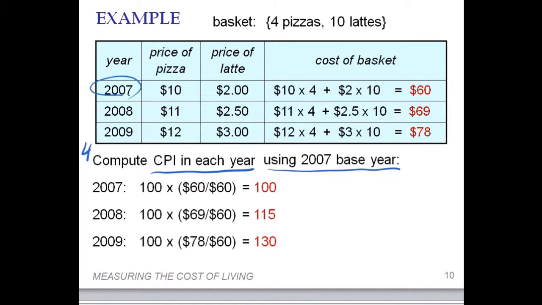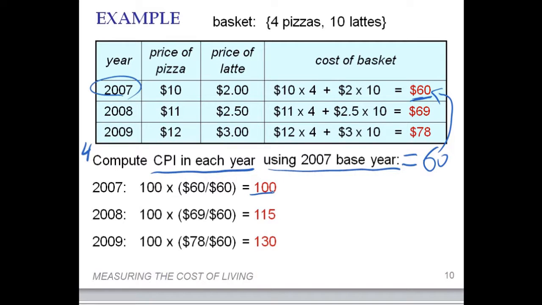So to find the CPI for the year 2007, we will apply the formula. So it will be the cost of the basket of the year 2007, which is here 60, divided by the cost of the basket of the past year, which at the same time is the past year. So it will be 60 divided by 60 multiplied by 100 equal 100.